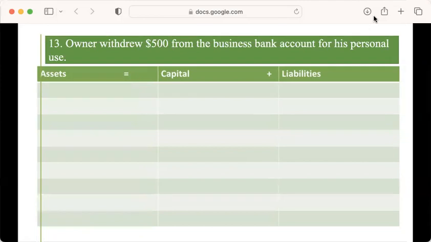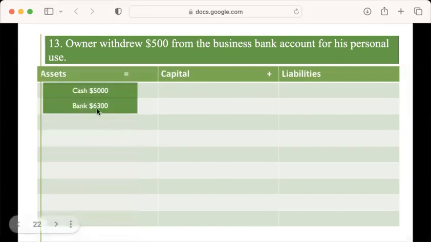So whatever happens to the business is the business that we mind. It's our business to mind, but not about the owner. Now, here what happens is owner is withdrawing $500, but from the business bank account, not from his personal account. And not to be used in the business either, he is withdrawing it to be used for his personal use.